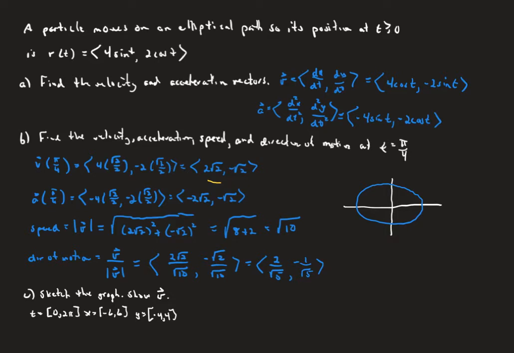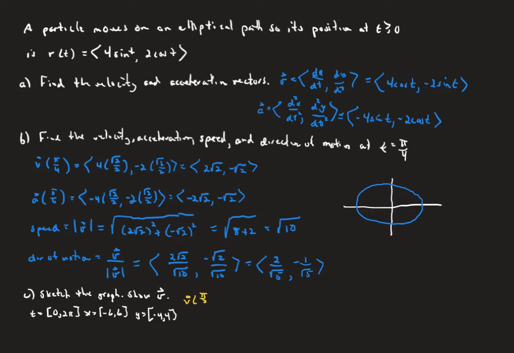Hold on. I want the velocity vector at, what do I want that at? Let's do it at pi over 2.